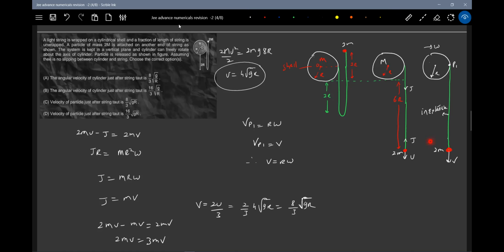This is very important. Just before the jerk, what is the energy of the system? m by 2 u square. After the jerk, you calculate the energy, it will be less. Where has that energy gone? Lost as heat in this inextensible string.